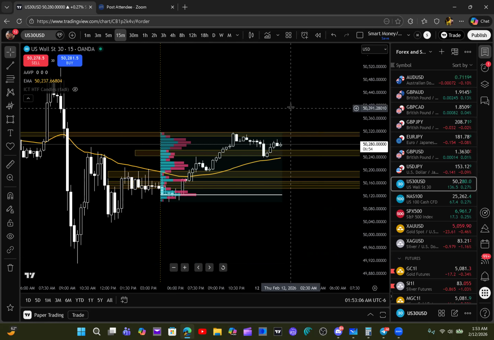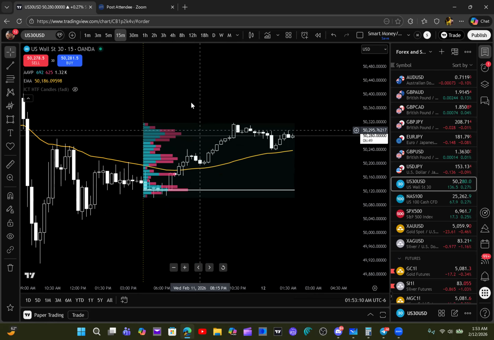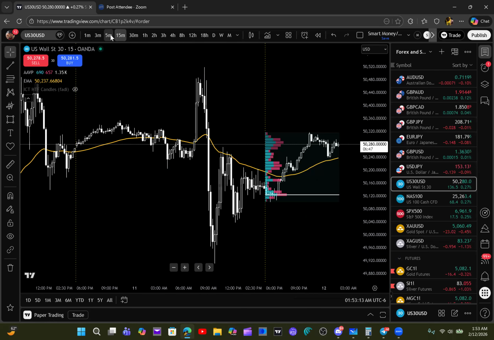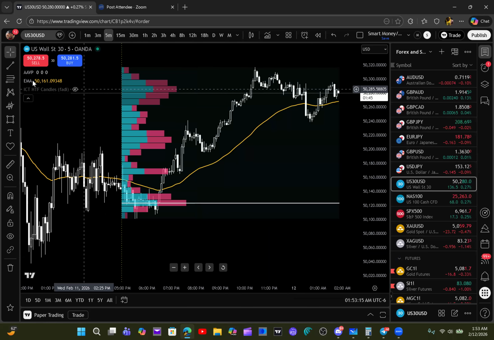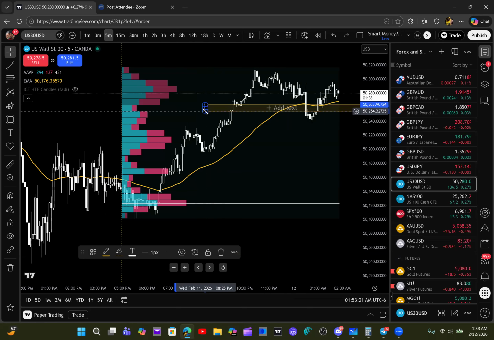US 30. Erase this, it looked too messy. All right, now let's see. 5 minute. So we definitely got one here. Got one down here.